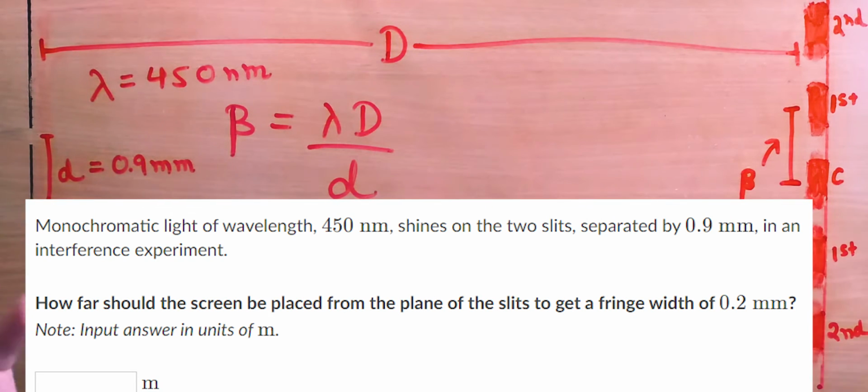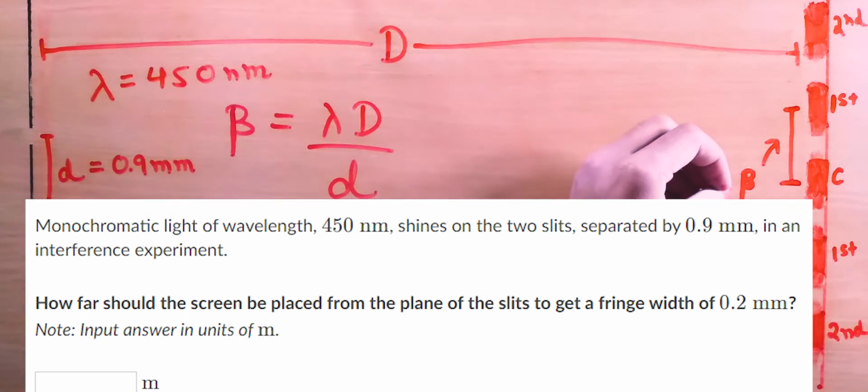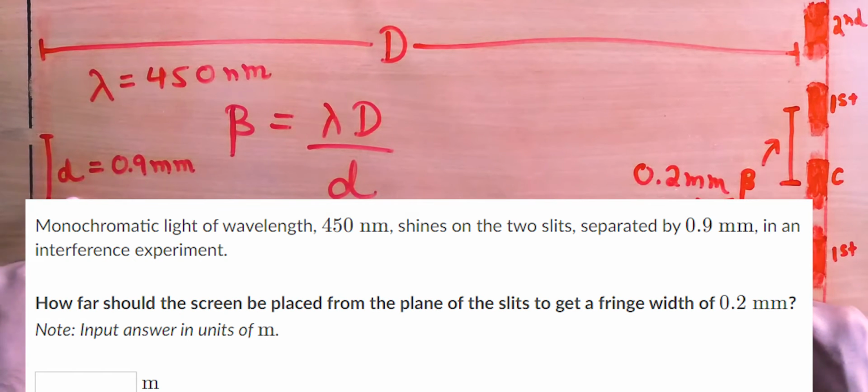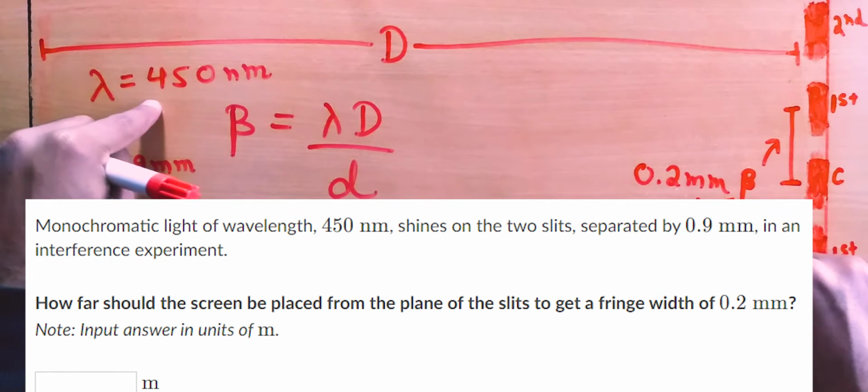They're asking how far should the screen be placed from the plane of the slits to get a fringe width of 0.2 millimeters. So the fringe width is given as 0.2 millimeters. That's the fringe width right there. So I have the fringe width, I have the distance between the two slits, I have the wavelength of light.